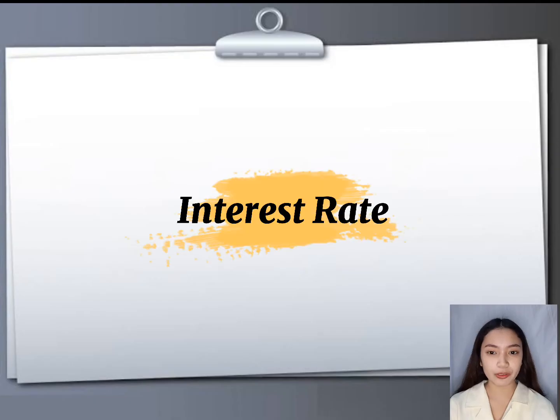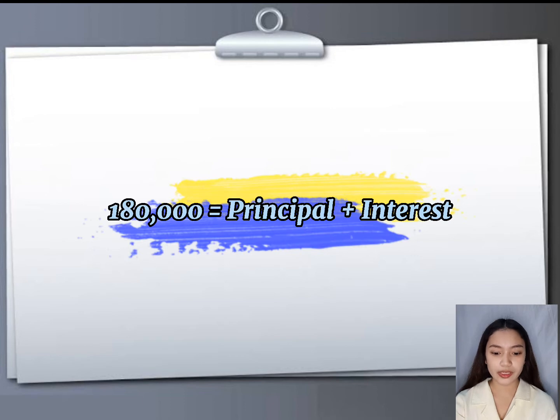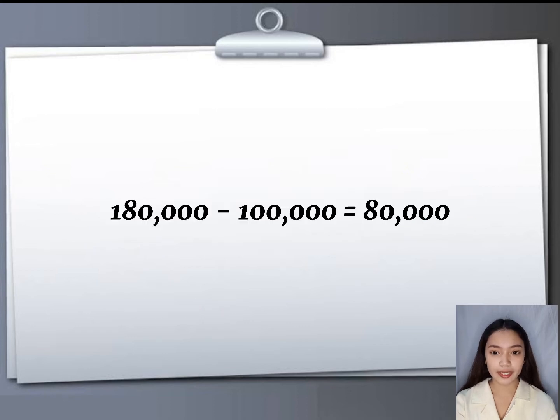So this time we are looking for the interest rate. 180,000 is equal to the principal and the interest. If the principal amount is 100,000, how much is the interest? 180,000 minus 100,000 is equal to 80,000. So our interest is 80,000.